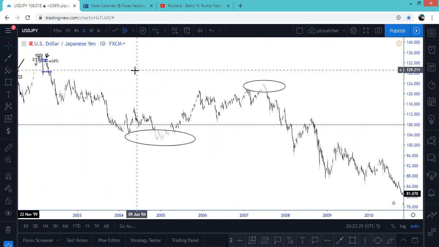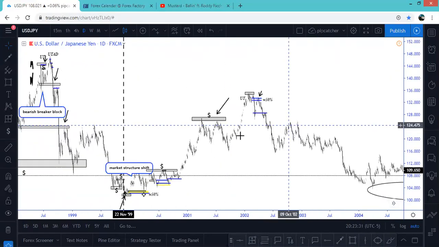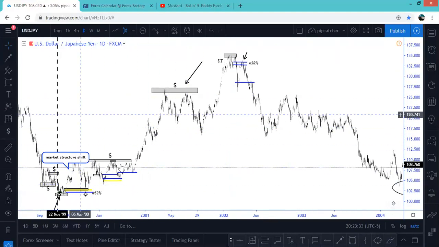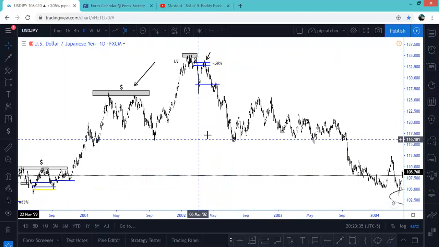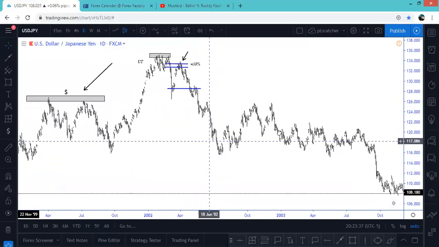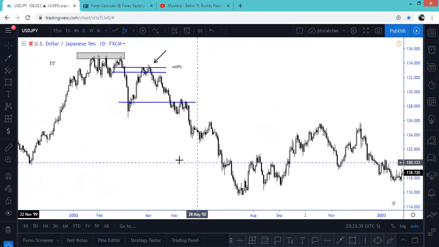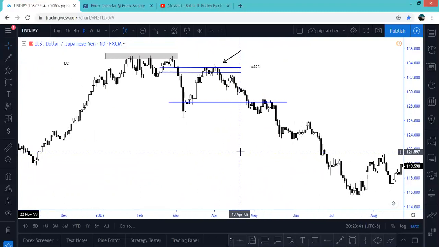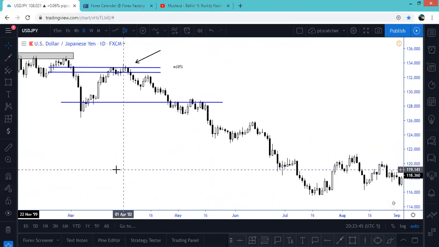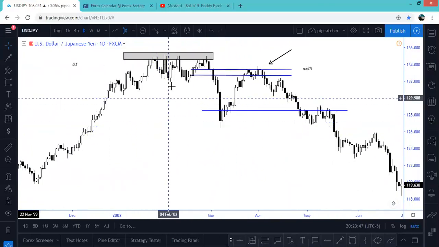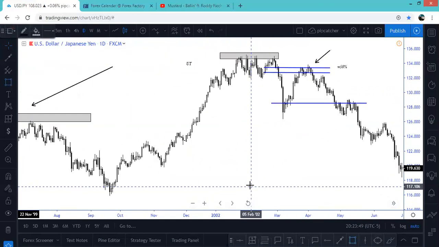But I can't do that back here in this price data because it's just too far. It's too far for the 1 hour and the 4 hour, which kind of sucks. I hate that. But here's what we're looking at.